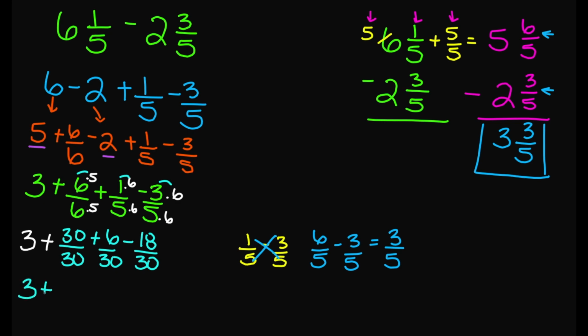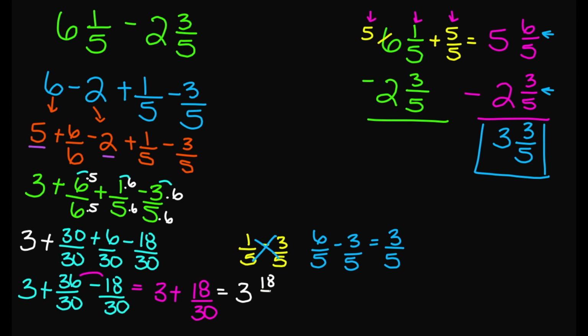So you have 3 plus 30 plus 6. That's going to be 36 over 30 minus 18 over 30. So then you're going to get 3 plus 36 minus 18, and that's going to be over 30. So your answer here, 3 and 18 over 30.